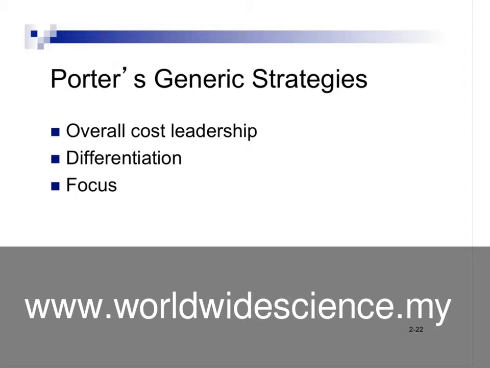It means some companies are majorly focusing on cost leadership. They want to be the leader in lower cost, and of course they give a reasonable amount of quality, but what they care about is the cost. So basically they focus on the cost, not necessarily anything else.